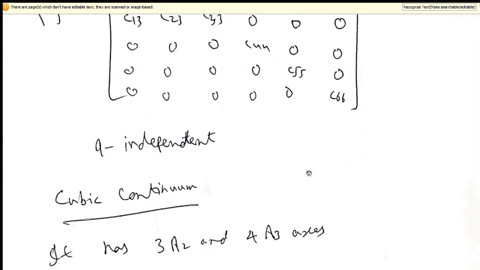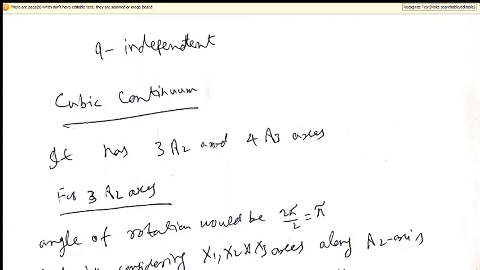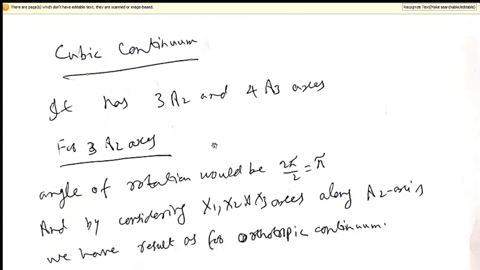So independent components will be reduced. There will be 9 independent components for the orthotropic continuum. So the cubic continuum has more symmetries. It has 3 A2 axes, and also it has 4 A3 axes as symmetry axes. We have done the cases for A2 axes.